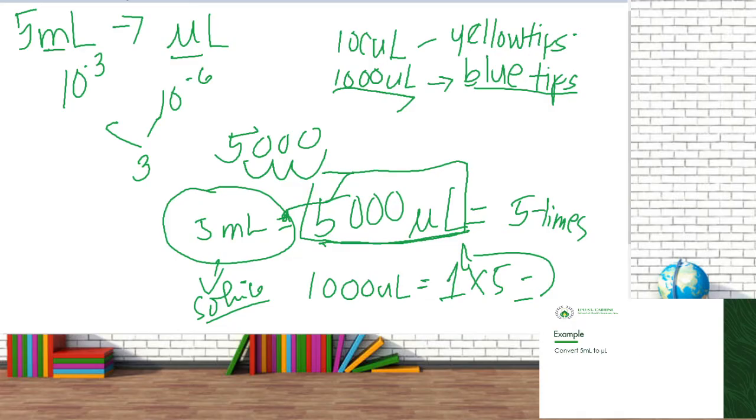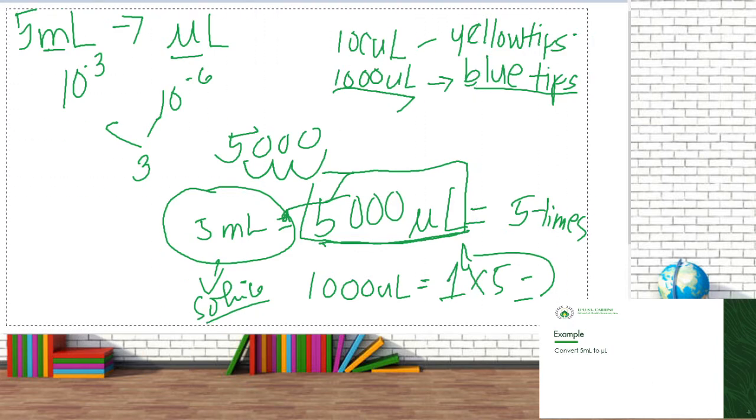Now, if you will be asked between 5 ml and 5,000 UL, which is bigger, which is higher? Okay, the answer is none. I repeat, if you were asked between 5 ml and 5,000 UL, which of the following is larger?